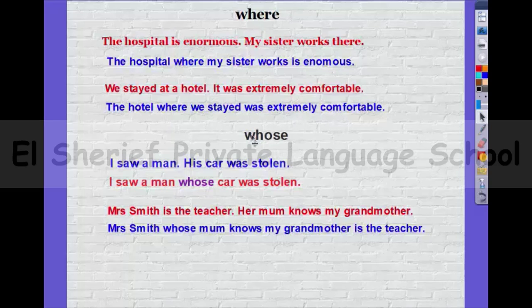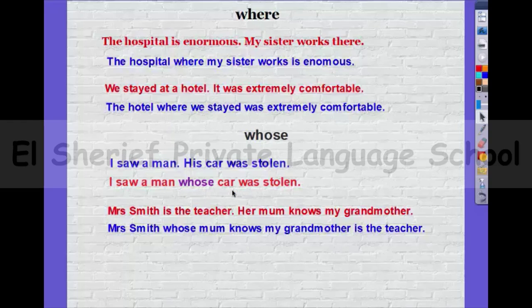The relative pronoun whose. As we said before, we use whose to refer to possessions, something that belongs to someone. So the first example here, I saw a man. His car was stolen. Of course, we're going to drop this full stop and we're going to drop this possessive adjective, his. So the sentence is, I saw a man whose car was stolen.